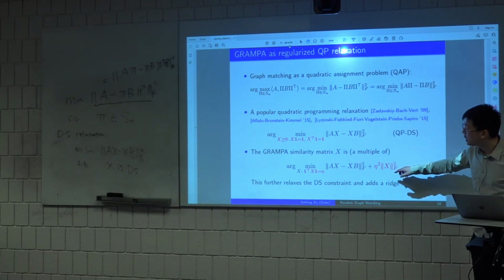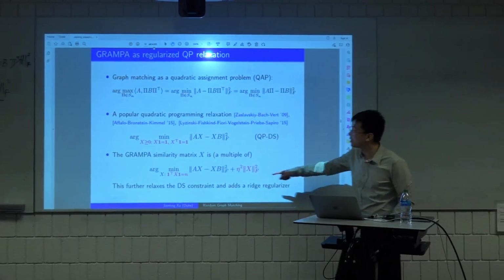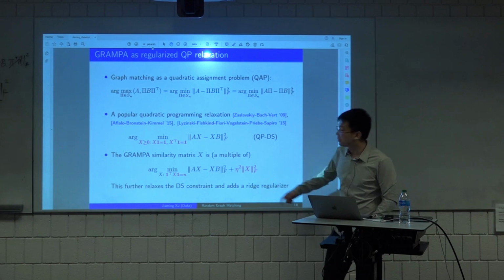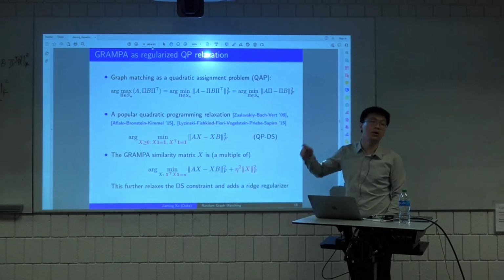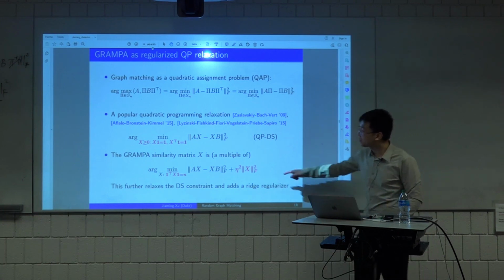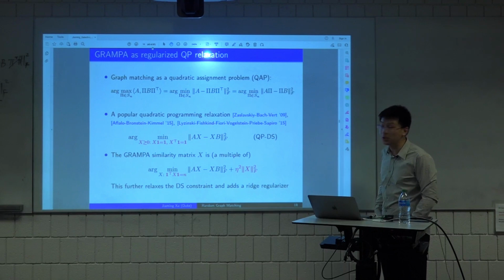First, we actually relax this constraint to just keep this as the total sum constraint. So this constraint just says that if I sum over all the entries of x_ij, this is equal to n. Okay, and then in the objective here, I actually put some ridge regularizer.